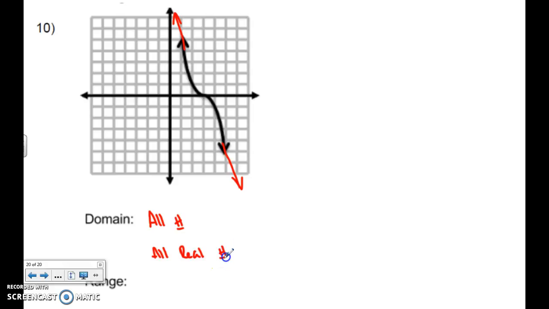The reason why that's the case, guys, is that as it's going up, it's going diagonally this way, so it's going to keep going that way. It's going to go all the way this way. And it looks like this one's going to go all the way that way. That's why it's all reals for that. The range is going up and down, so I'm going to say all numbers. Or all reals too.